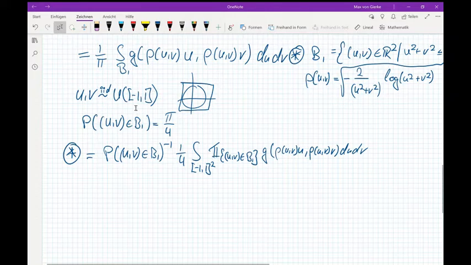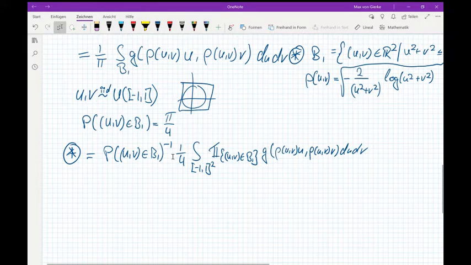Since they are independent, their joint distribution factorizes, and their joint probability density function is just 1 over 2 from the one variable times 1 over 2 from the other one.